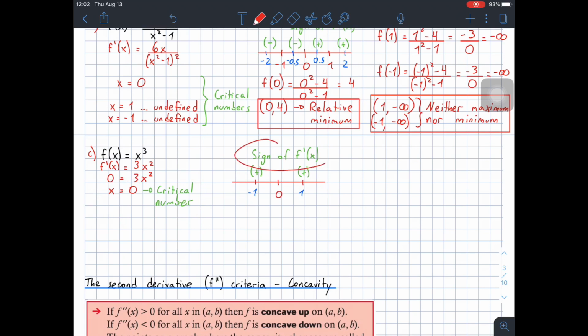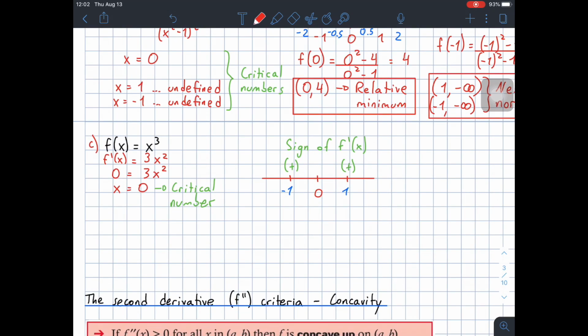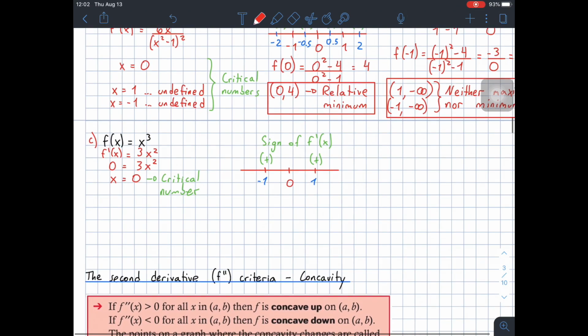But when we analyze the sign of the first derivative before and after the critical number, we saw that the sign is positive for both cases. So again, this is a case of neither maximum nor minimum because there is no change in signs. And as there is no change in sign, we cannot conclude whether it's a maximum or a minimum.